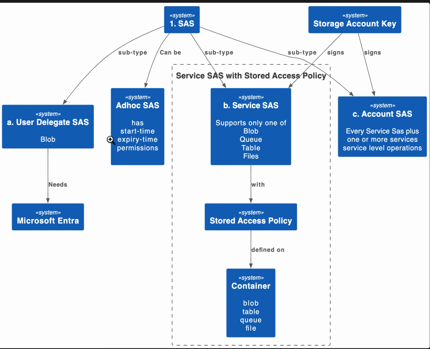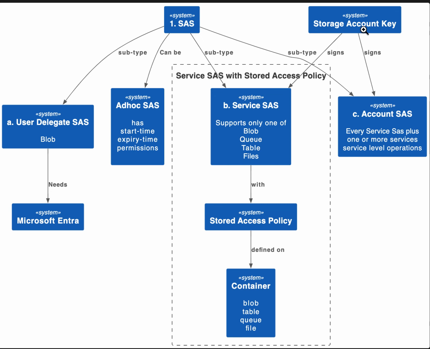As I said, for user delegation SAS, you need access to Microsoft Entra credentials. In the case of service SAS and account SAS, you are actually going to create the signature using the storage account key.